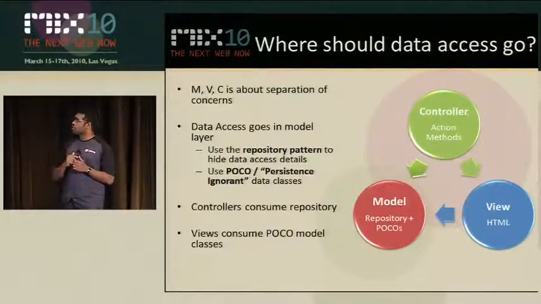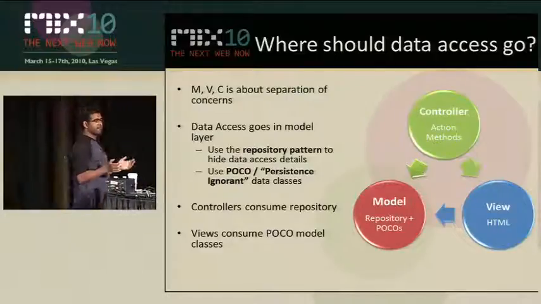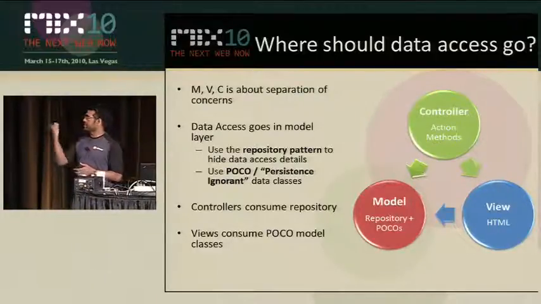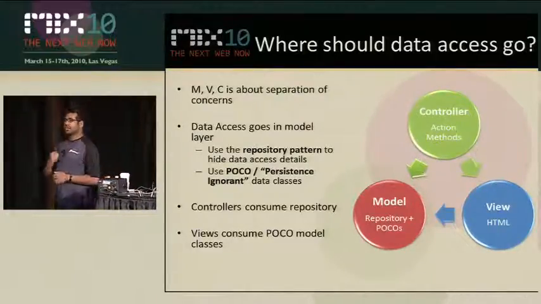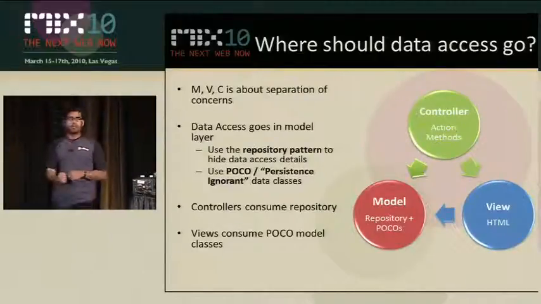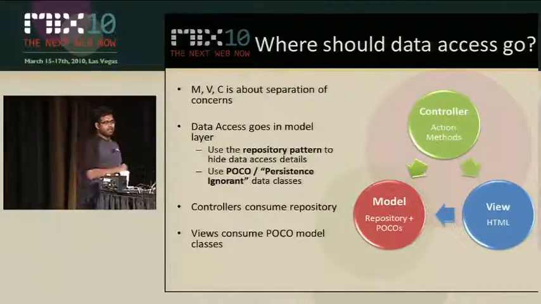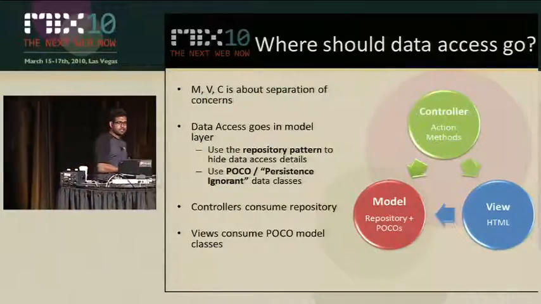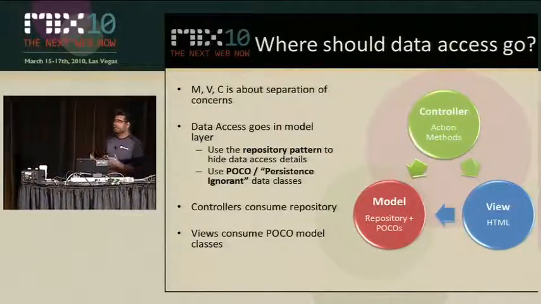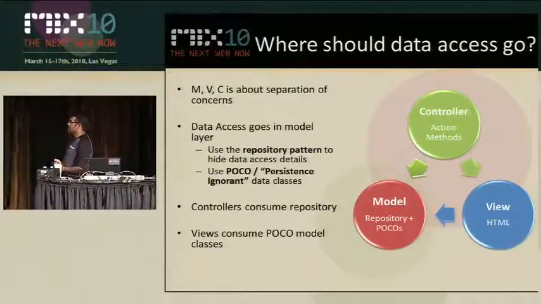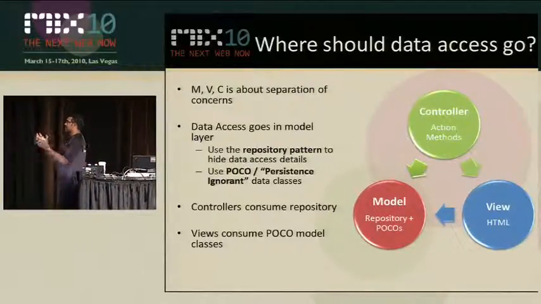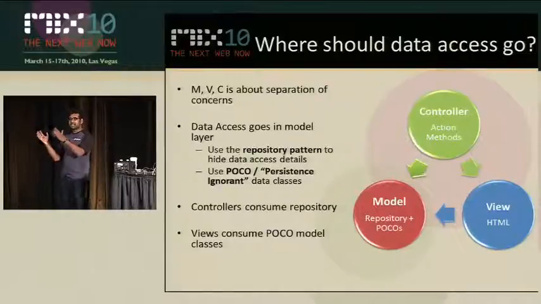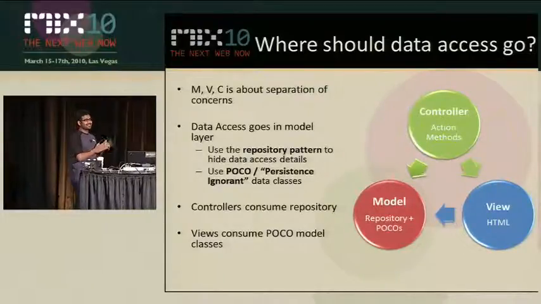And you've got a controller, which is really kind of a mediator between the two. The controller is the thing that receives a request, like show me the list of all shows. It goes to the model and asks for all the show data. It passes that to a view, and then the view can actually render itself based on the data in the model. Now, focusing specifically on data access, it should be pretty clear from this that data access really belongs in the model layer, because that's the concern related to data.